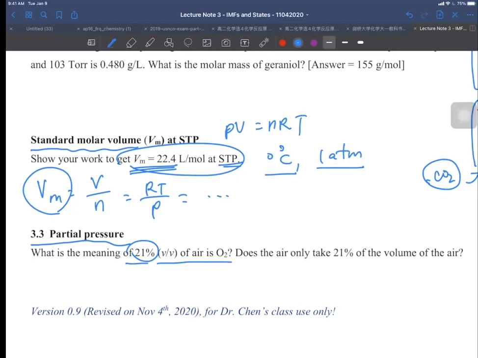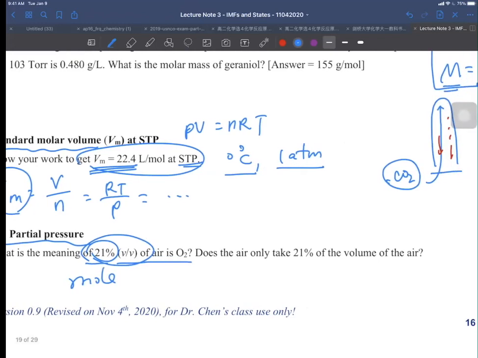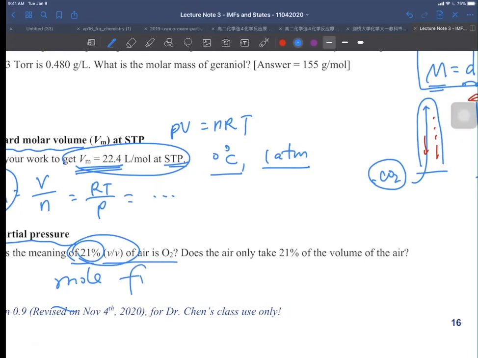So this 21% actually is the mole fraction. Basically, in 100 molecules of the air, you have 21 molecules of O2. You have 78 molecules of N2, and you have in total 1 molecule of other gases, right?